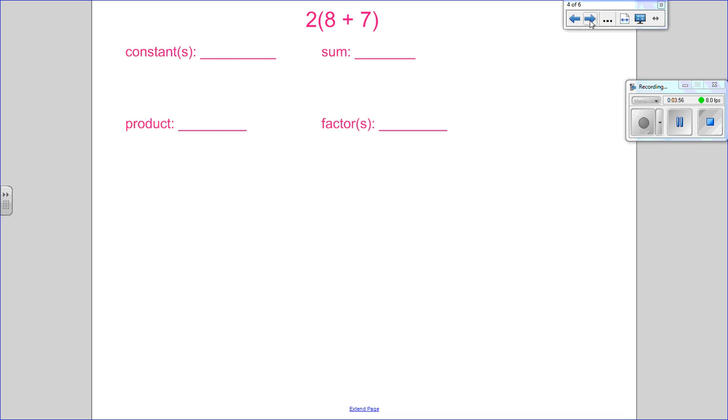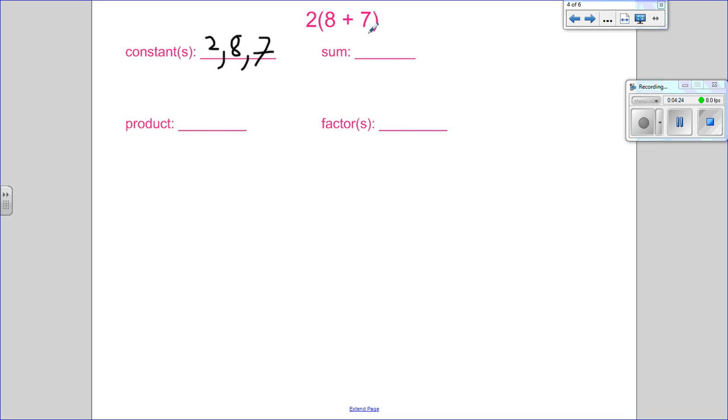The next example. We have 2 times the sum of 8 plus 7. So the constants are 2, 8, and 7. This is not an algebraic expression, it is a numerical expression because there are no variables. Therefore, all the terms are constants.